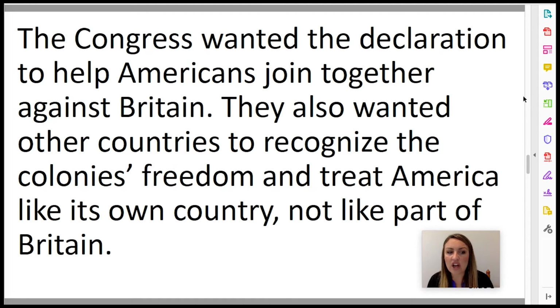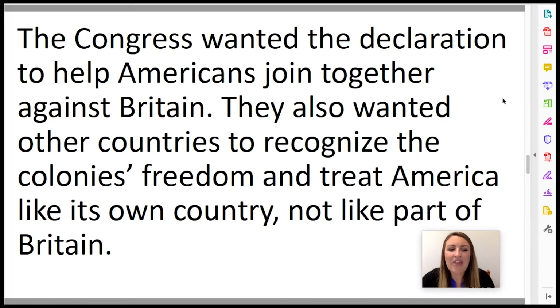They wanted other countries to treat America like its own country. So let's write that. Wanted other countries to treat America like its own country. All right, boys and girls, excellent job.